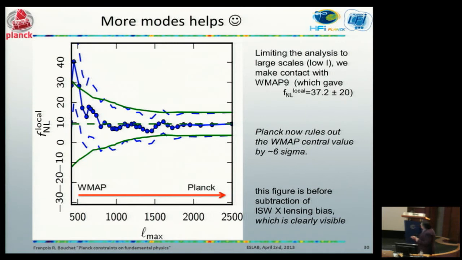So here is the WMAP result, which was a little bit on the high side. And now we have a much smaller value. And this is how the value goes when you include more and more modes, and so you decrease, of course, cosmic variance. And at some point, you hit the point where even Planck is losing it in terms of signal to noise. So you see that we have quite a stable value there, which is around 10 before correction for the ISW-lensing bias. And that also explains why WMAP was finding it a little bit high, because this was just the fluctuations, which is due to large scales.